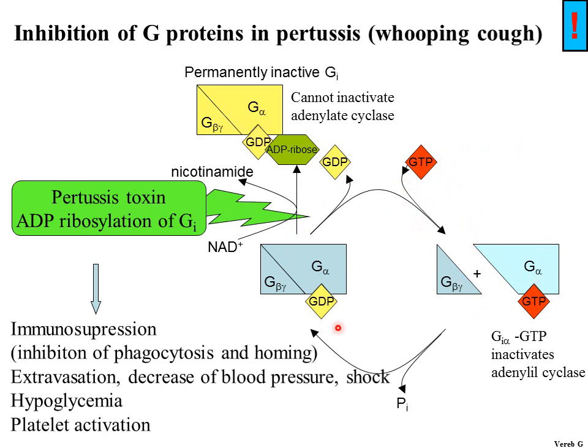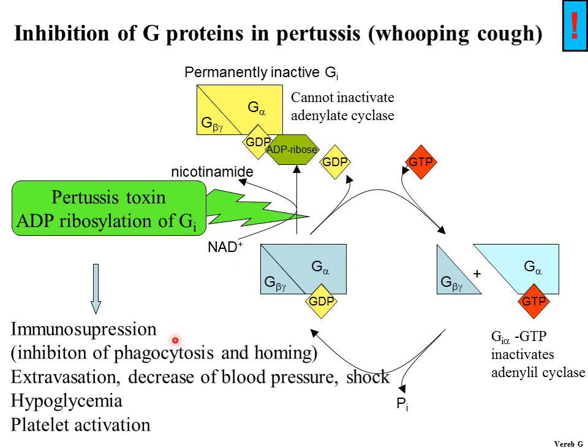So the cycle cannot progress between active and inactive, but the GDP-bound inactive state is fixed. And that also will cause the production of excessive amounts of cyclic AMP and the activation of protein kinase A.